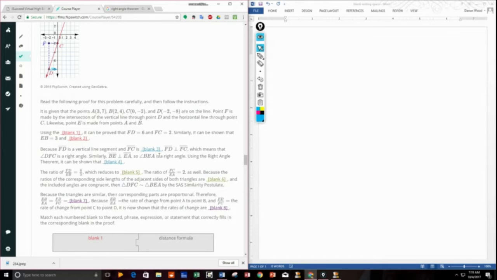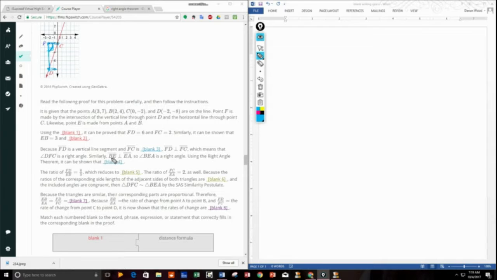Alright, so FC is horizontal. That means that FD and FC are perpendicular. So these two are perpendicular, which means they have a right angle. Angle DFC, so angle from D to F to C. That is the angle that they were talking about.